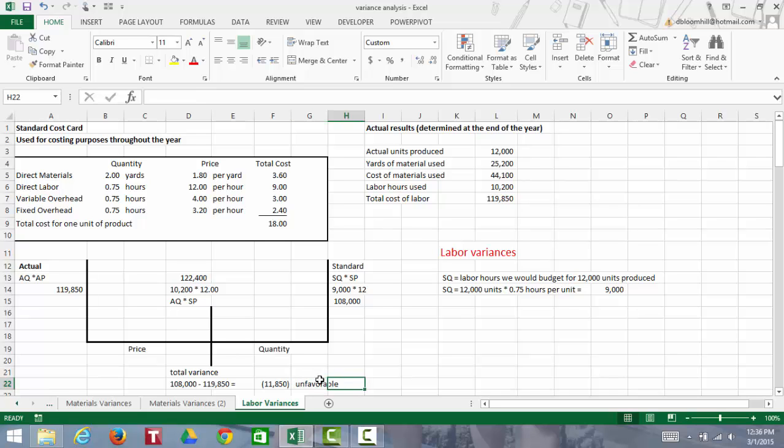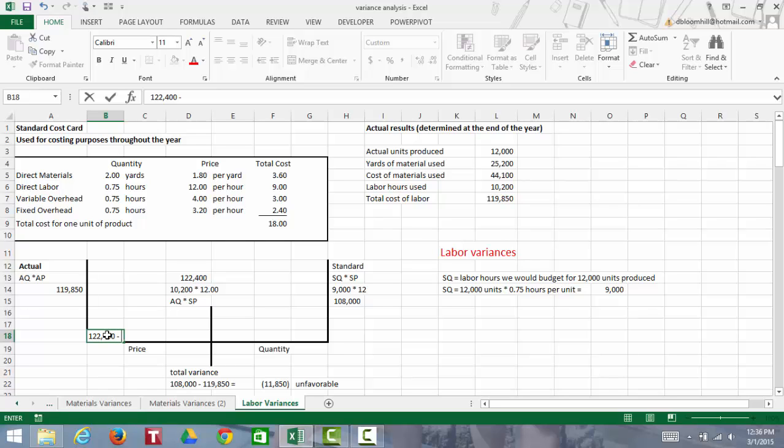Now we're going to break up that total variance into a price variance and a quantity variance. So our price variance is the difference between the middle prong and the left-hand prong. So we're going to take 122,400.